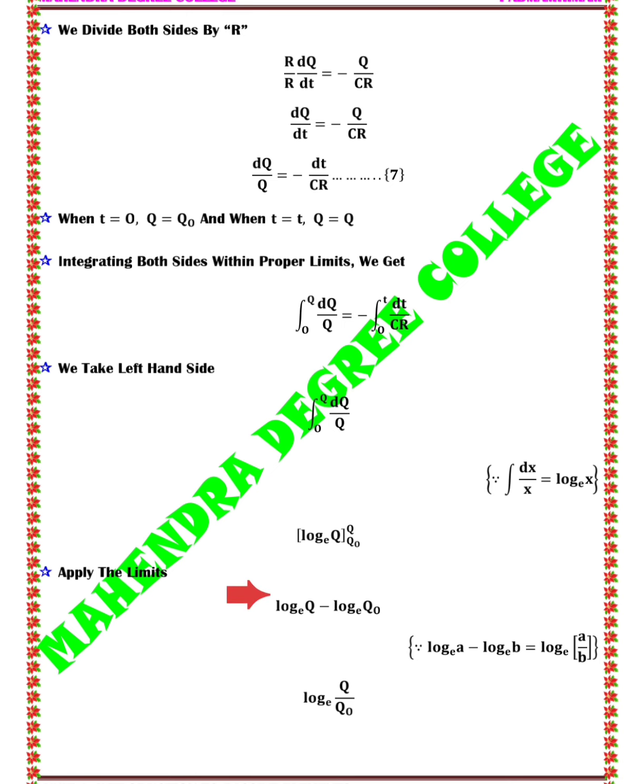Log Q minus log Q naught. We know the formula log A minus log B equals log A by B. Similarly, log Q minus log Q naught equals log Q by Q naught.